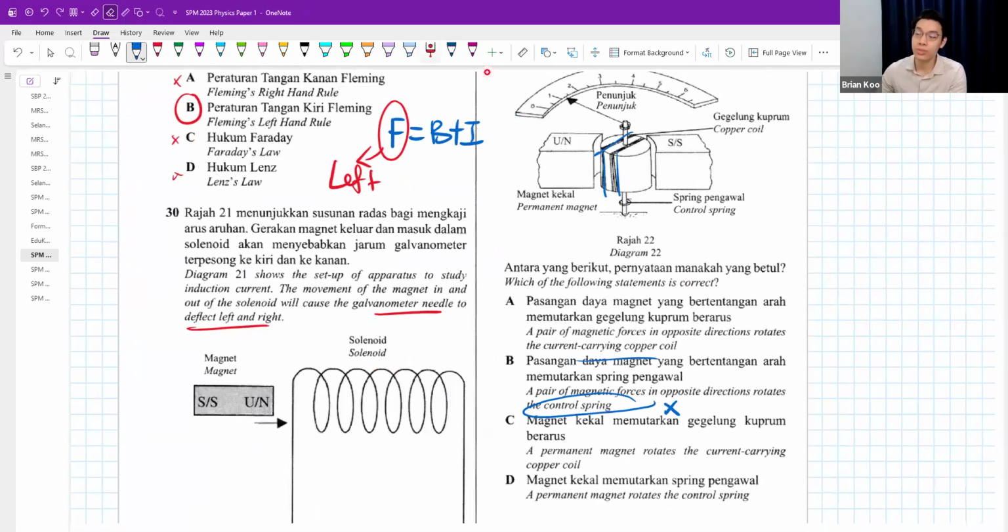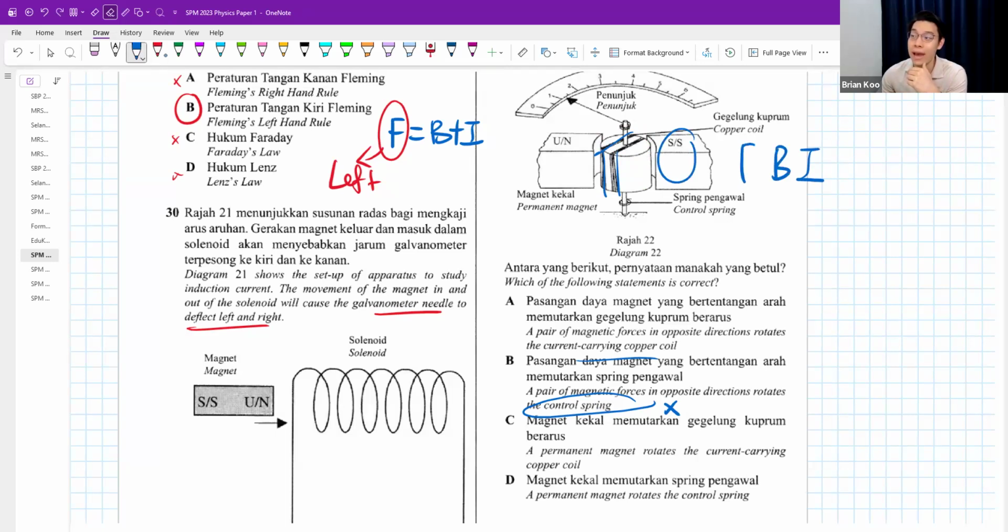The purpose of the control spring is to hold the copper coil and to hold this middle iron core. Normally how this works is this is the ammeter, so you connect to some current, and then you got a magnet, so you got a magnetic field.